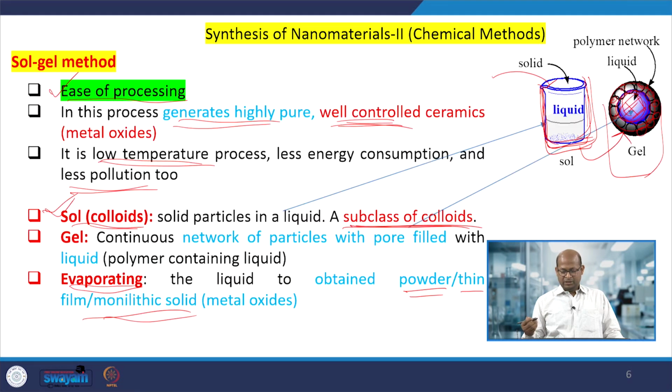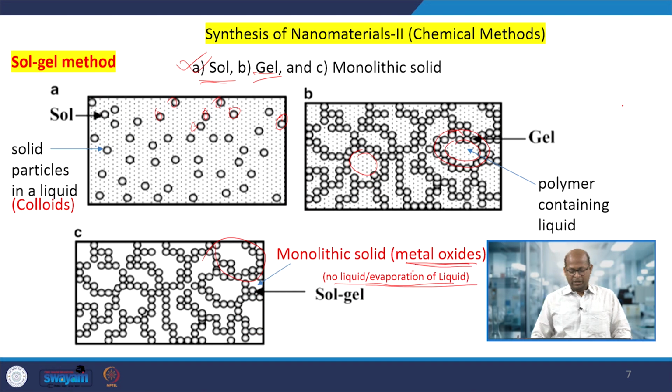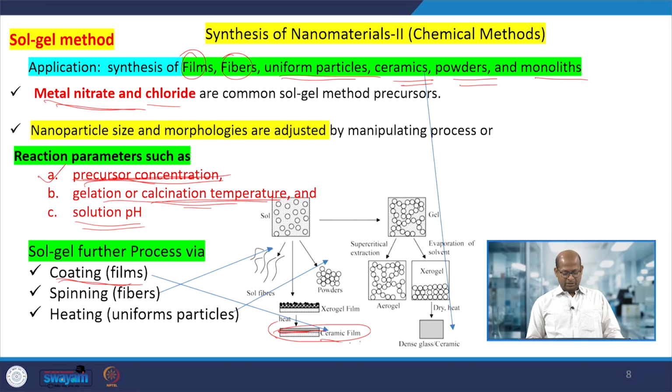So, the liquid in the gel should be removed, and then ceramic oxide or ceramic film formation should be there, which may be in a nano range distribution of the films. If we want to make fibers, whatever gel formation is there, that gel will be used in spinning methods. So, with the help of spinning, we can prepare sol in the form of fibers, and then by calcination, different types of fibers we can prepare.